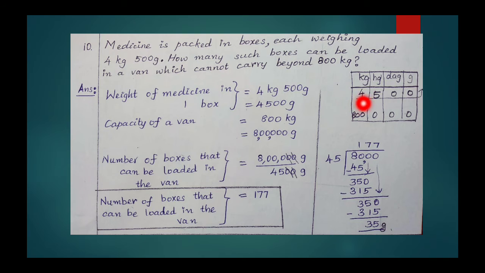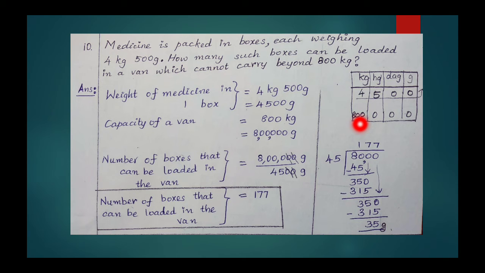See, 4500 gram is equal to 4 kilogram and 500 grams. In this way you can find out 800 kilogram. Now 800 kilogram. For this, only zero is written first under kilogram, but we don't have any more boxes to the left of kilogram, so we write 800 under kg.